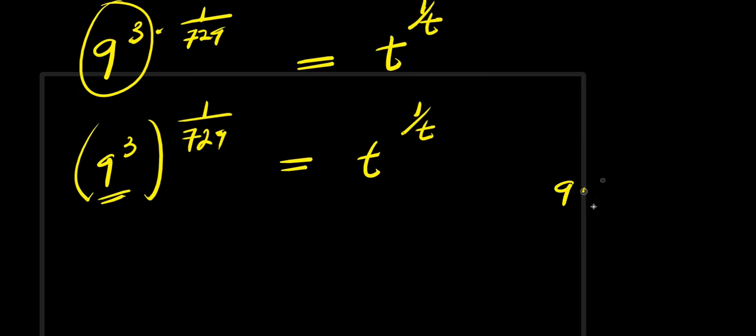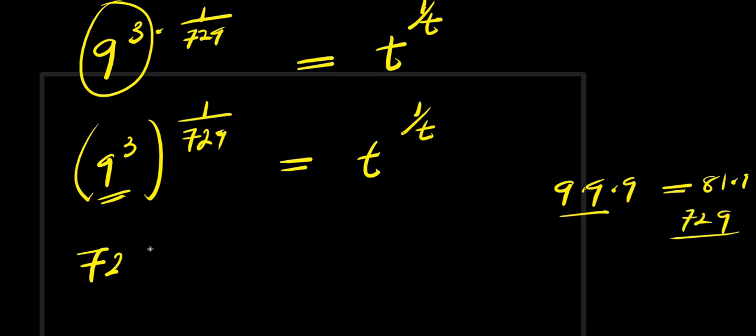That is 9 times 9 times 9. And this equals 9 times 9, 81. 81 times 9. 9 times 1, 9. 9 times 8, that will give you 72. So you have 729. So this is 729 power 1 over 729 equals t power 1 over t.